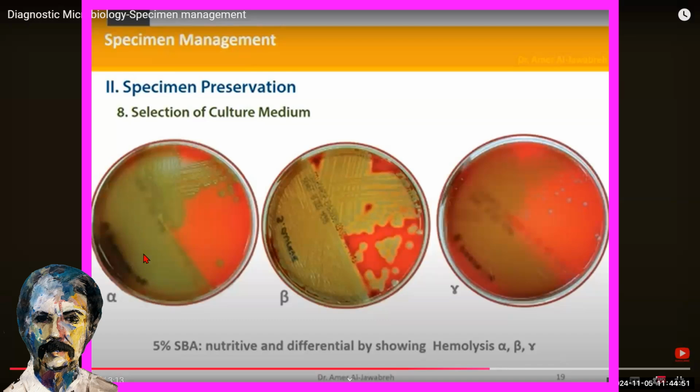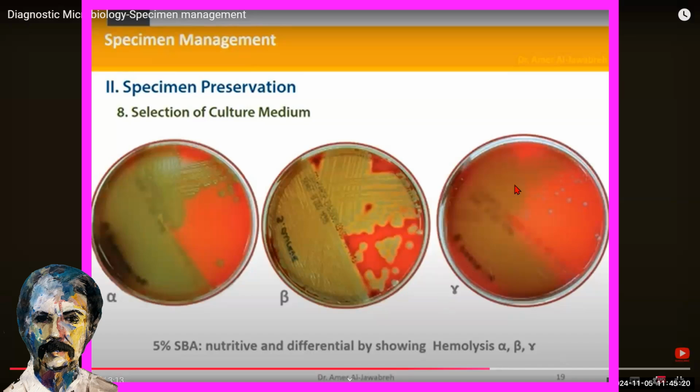Then this bacteria here, this plate here, if you see it's light green, we call this green discoloration. This light green comes from bacteria that partially eats blood. Not fully, not completely, partially. Example of this is Streptococcus pneumoniae. An example of beta is Streptococcus pyogenes. And then gamma.